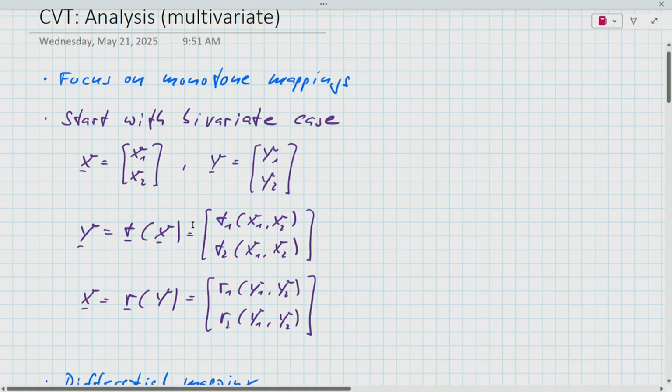Here we consider strictly monotonic mappings that we can invert. And this is then the inversion. Here we map from y to x, and this is the reverse mapping, also split up into the components.